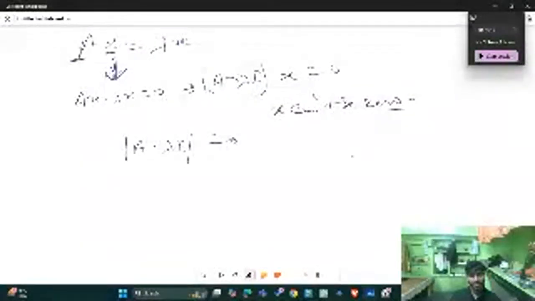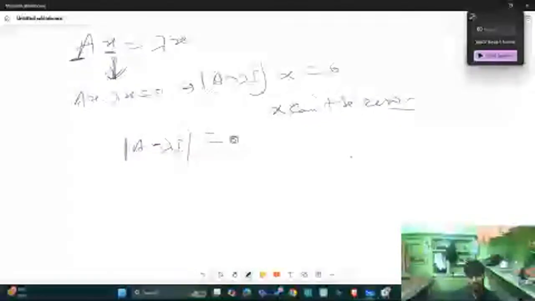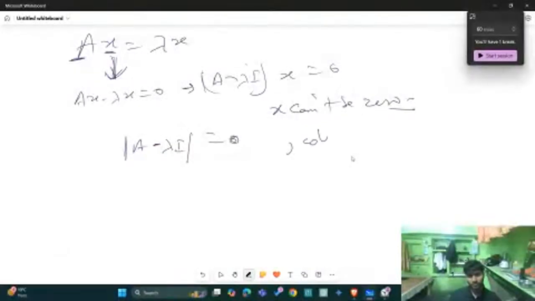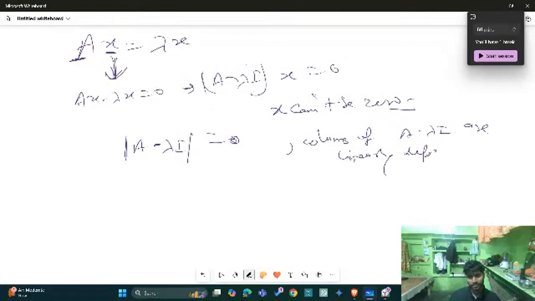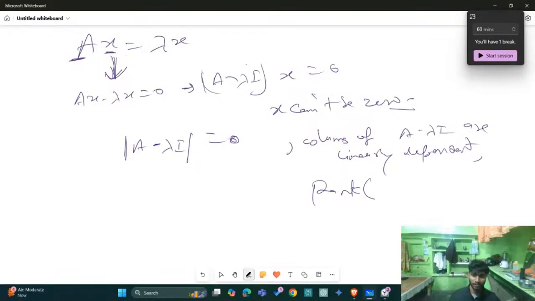If the determinant of this is 0, then we are saying that the columns of A minus lambda I are linearly dependent, or we can say the rank of A minus lambda I is less than n, right.